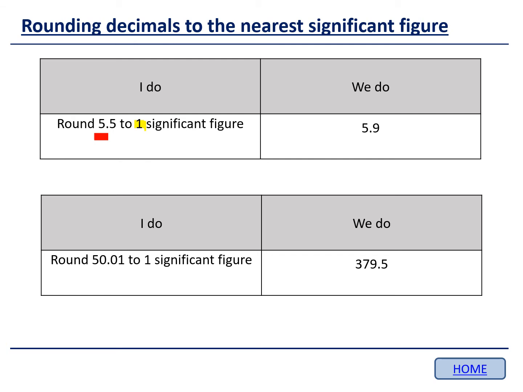However, it isn't determined solely on its own, because we need to look at the next value, the second 5, which tells us that this 5 is going to take us up towards 6, and 6 would be our significant 1 place figure. So the answer would be 6, as that 5 wants us to round up to the whole number here. So it's a whole number on this occasion, a nice easy start.